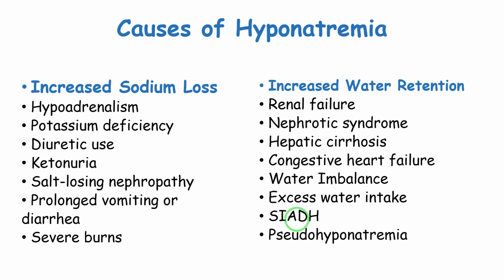It is inappropriately secreted, and this secretion is pathological and not secondary to a physiological need. This usually occurs secondary to pulmonary disease or malignancy or disease of the central nervous system, for example. And in case of infection, certain types of infection or trauma may lead to release of antidiuretic hormone inappropriately, and this is called the syndrome of inappropriate antidiuretic hormone.